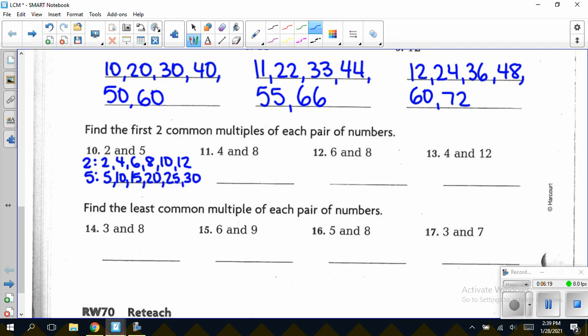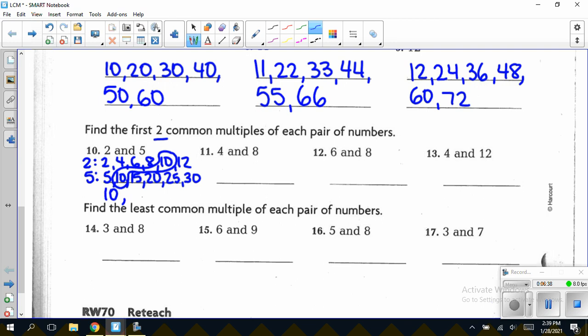So looking at just these lists that I have so far, I notice I do have one set of common multiples, but I only have one set, and remember they want the first two. So my first I see is 10. So 10 is what you would call the least common multiple.